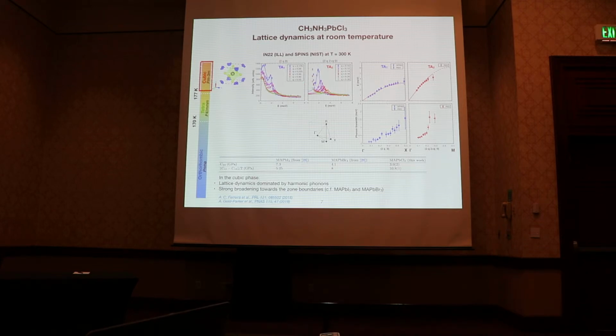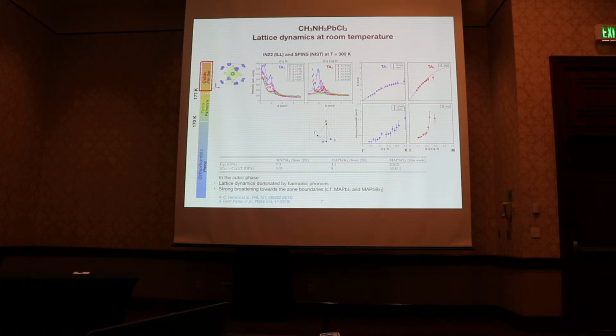We can also extract from this the phonon line width as a function of Q. The phonon line width is related to the inverse of the phonon lifetime. What is striking here is that you have a strong broadening of the phonon towards the zone boundary, and this is the most dramatic towards the endpoint.